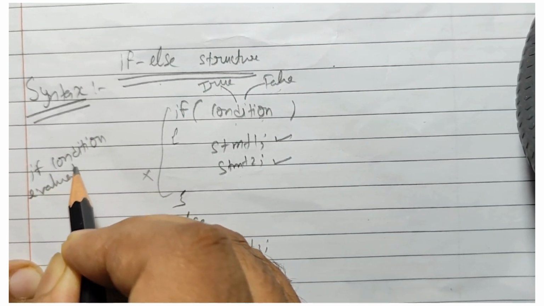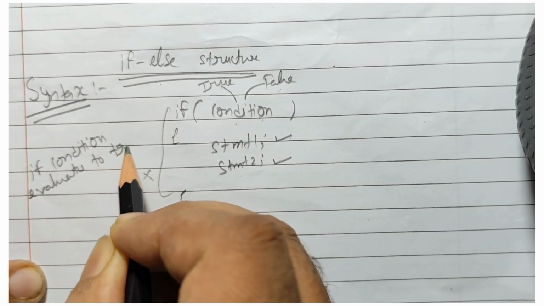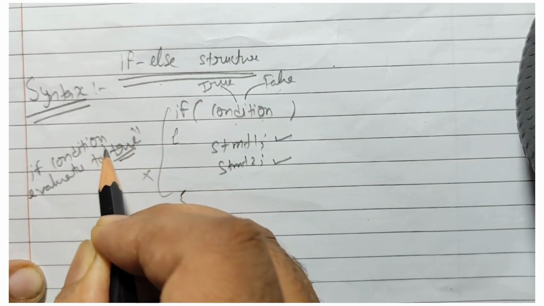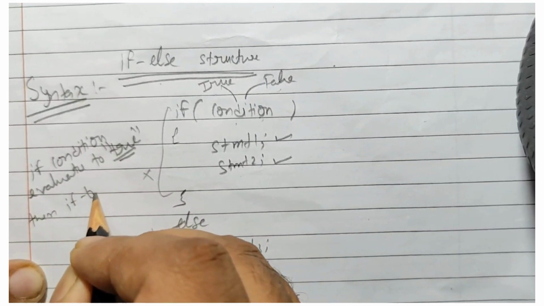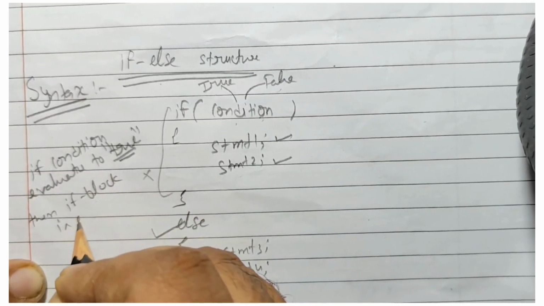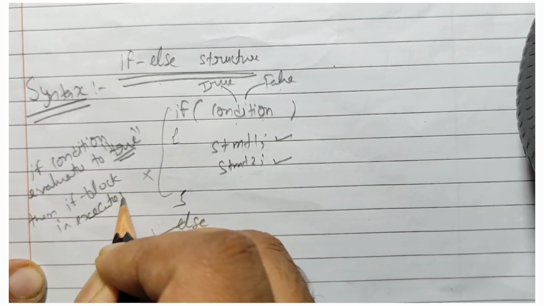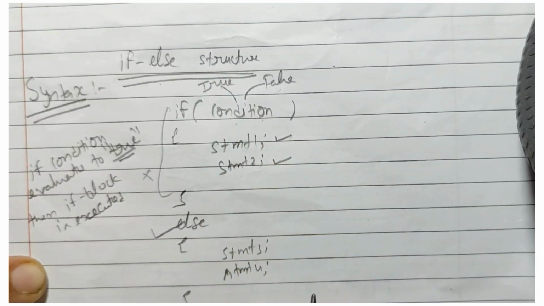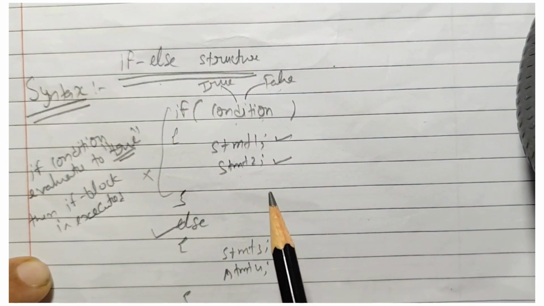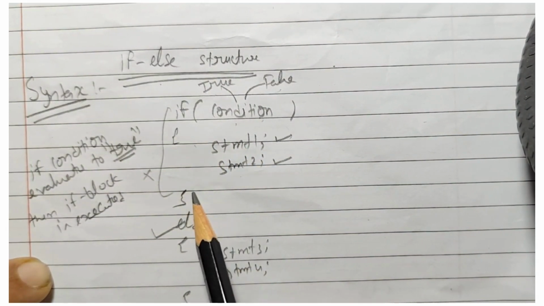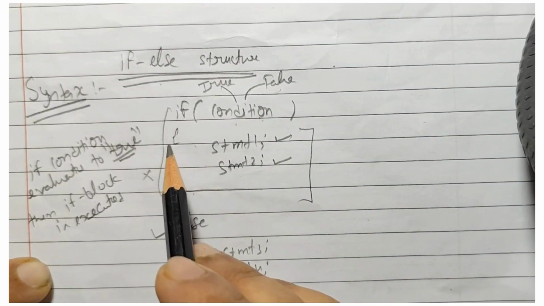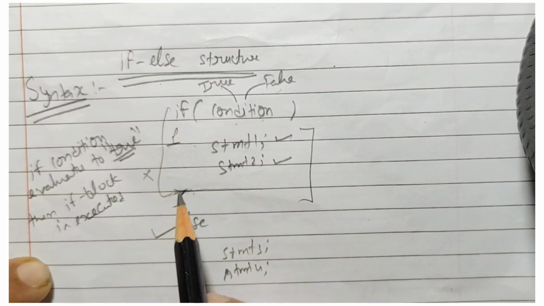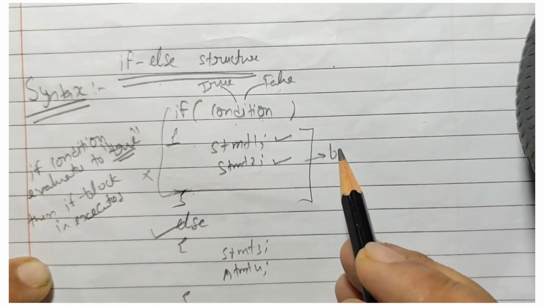If the condition evaluates to true, then the if block is executed. There is no limit on the number of statements. You can include any number of statements inside the if block. The space between the open curly brace and closed curly brace of the if block is called the body of the if block.